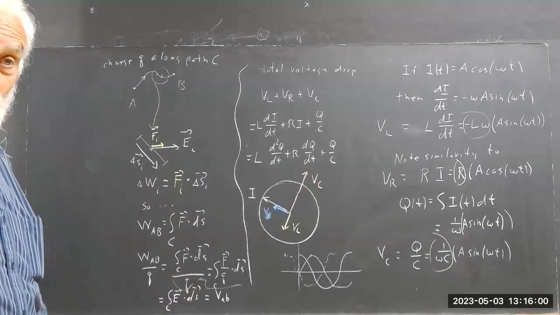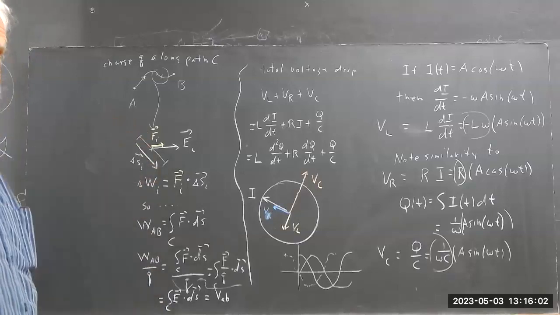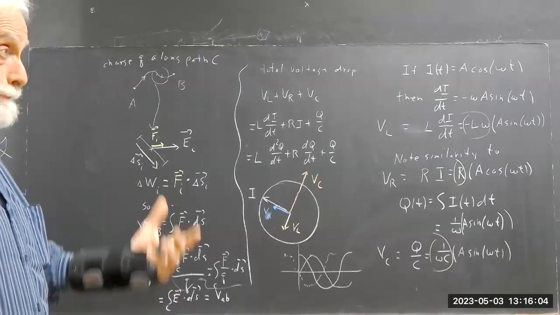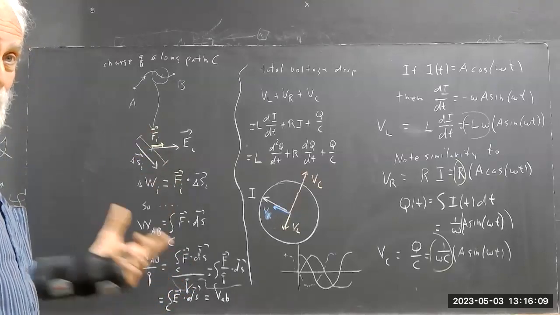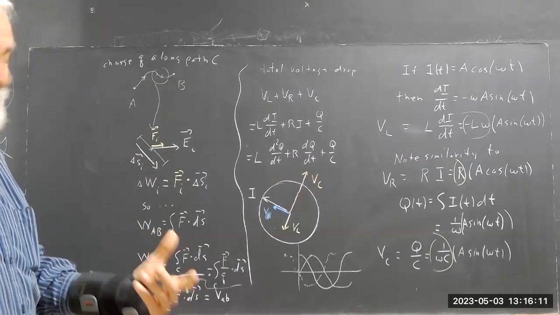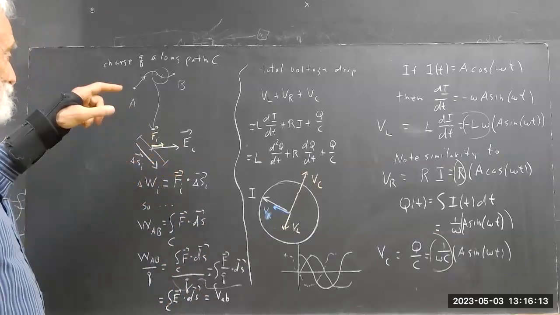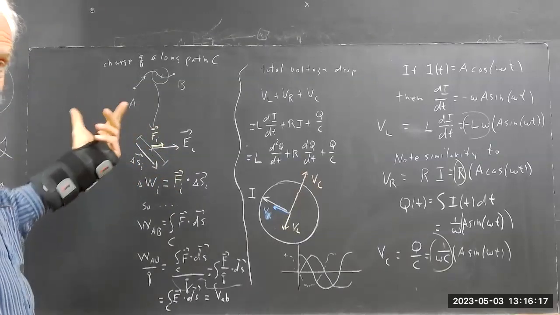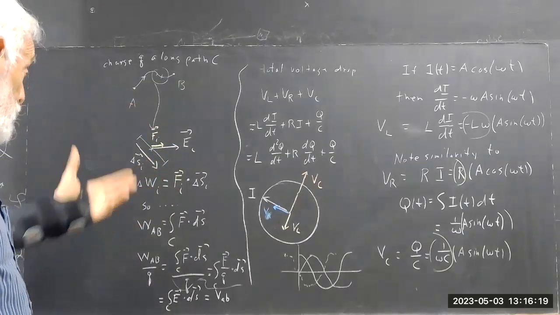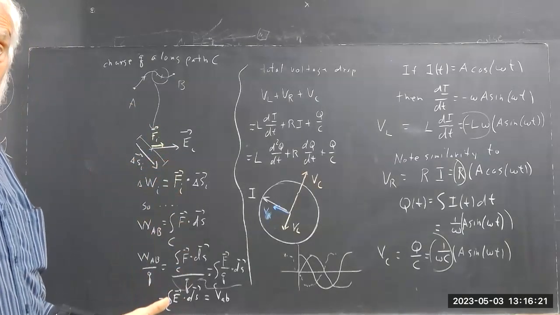I've got to know what the units are. Force is newtons. So you've got newtons per coulomb, and multiplying by the coulombs, you get newtons. So it's fine to think about it that way.